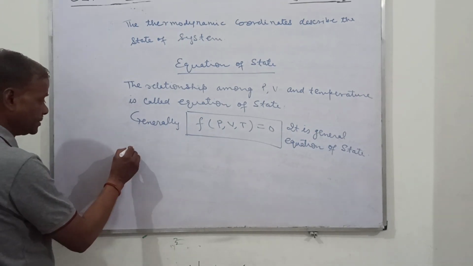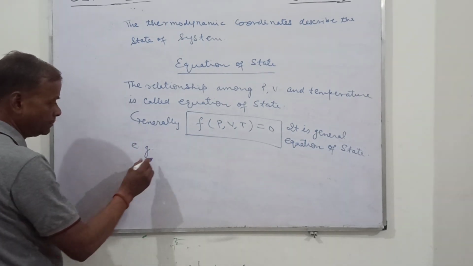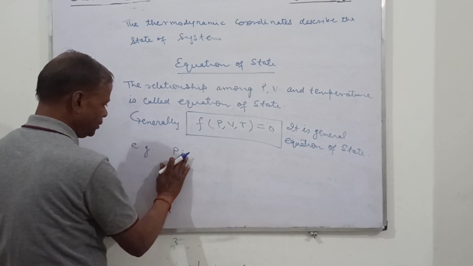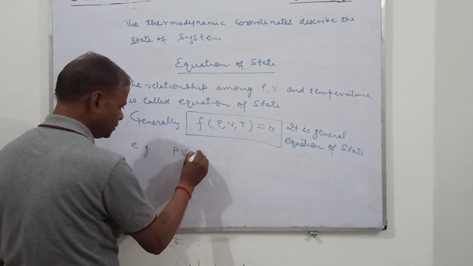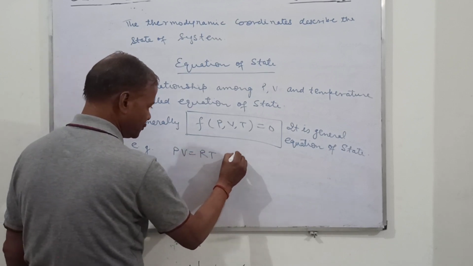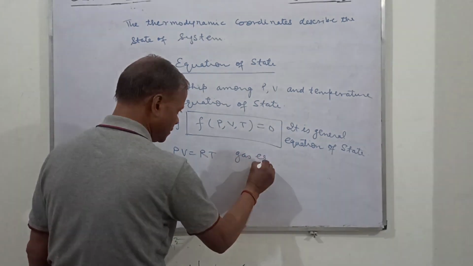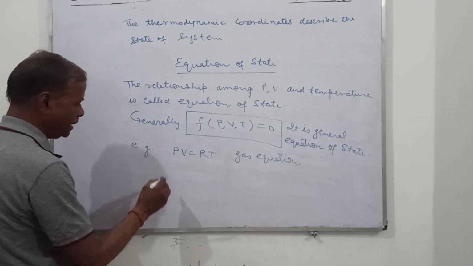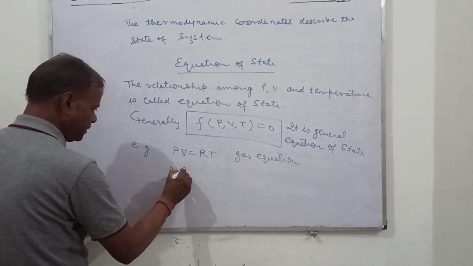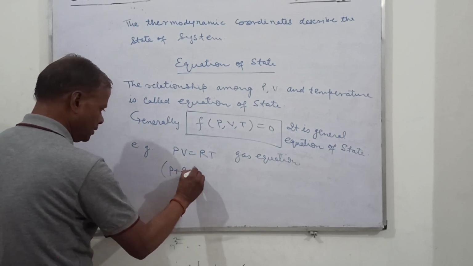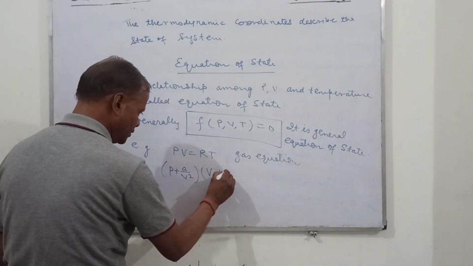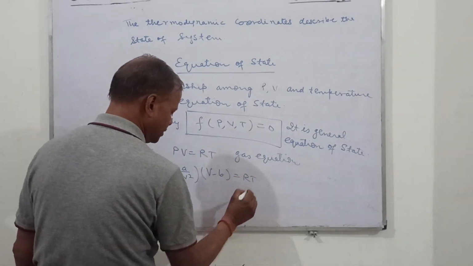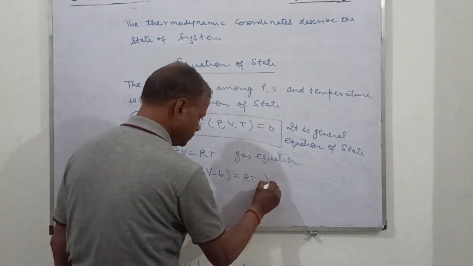Now we can give examples of this. PV equals RT, this is the gas equation. And then (P plus a upon V squared) into (V minus b) equals RT, the Van der Waals equation.